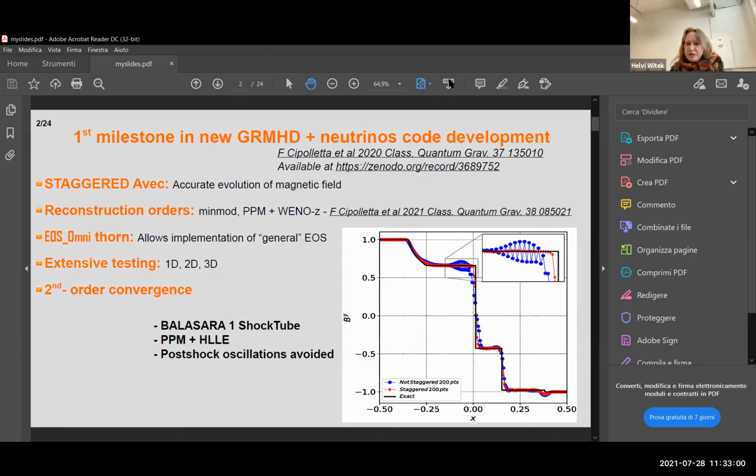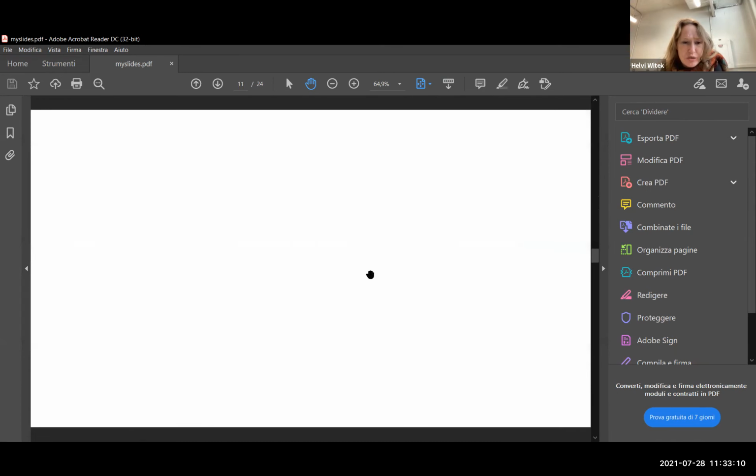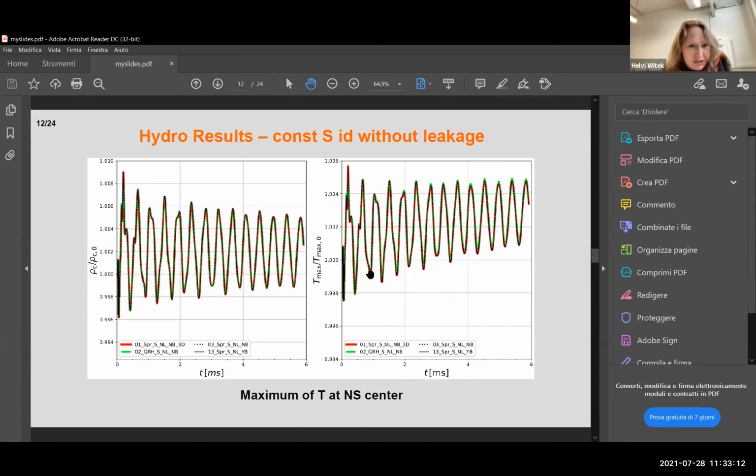Okay, very good. One more question in the chat. For the small differences in your comparison with GRMHD, I guess GR hydro, is that physical or does it converge away? Well, good question. Unfortunately, I don't have an answer because we performed the simulation only up to 6 milliseconds.